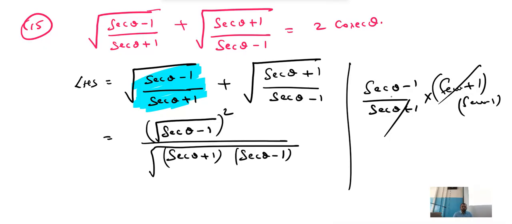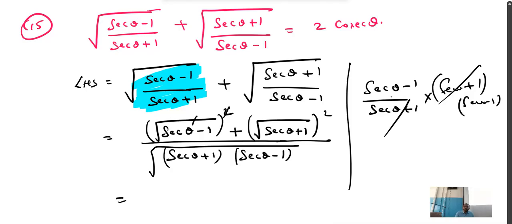Actually this is under root, so we are putting root. Plus again here this entire term multiply this, it becomes root secant theta plus 1 whole square. नहीं क्या बेटा? यहाँ माइनस आया तो इधर प्लस आता. Is this clear? हाँ. Now square root get cancel.